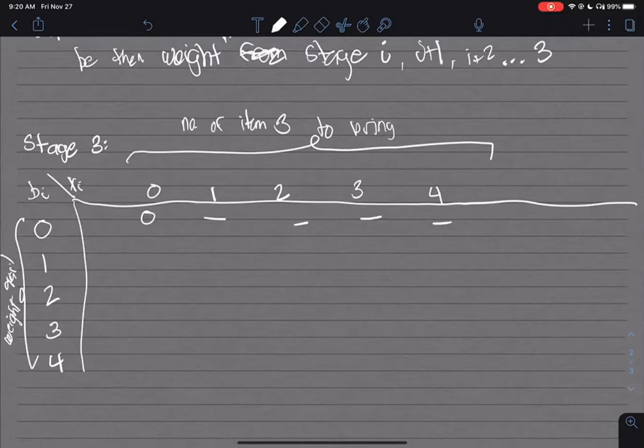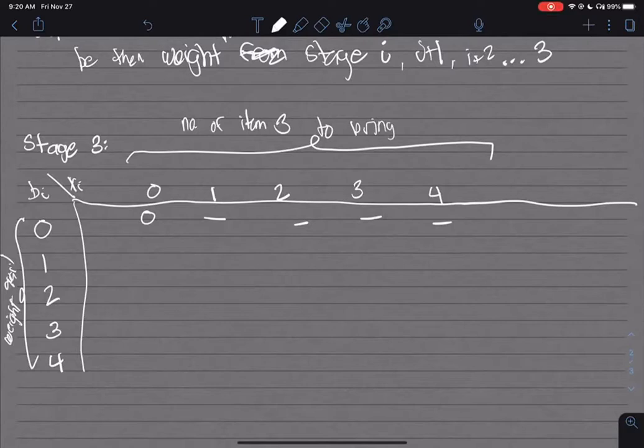Carlos. Hi, sir. Good morning. Okay, Carlos. If I have one weight unit available, can I bring 0 units of item 3? Is that a possible alternative? I have 1 unit weight.